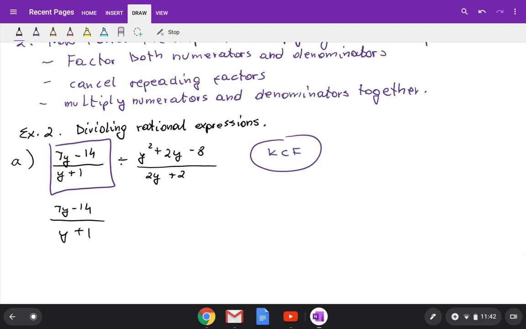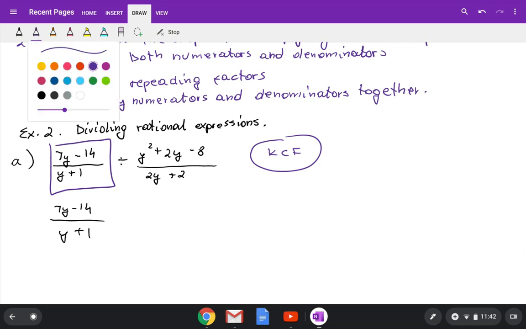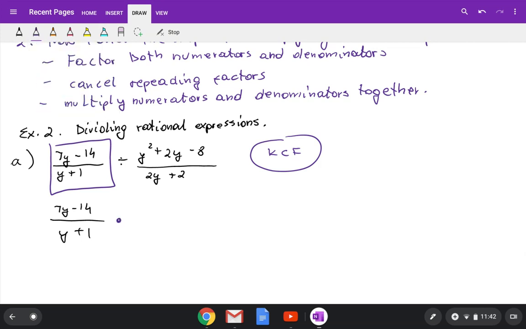C stands for change, change division to multiplication. And flip means flip over the second rational expression. So what used to be on the bottom will be on the top, and what used to be on the top will be your denominator.